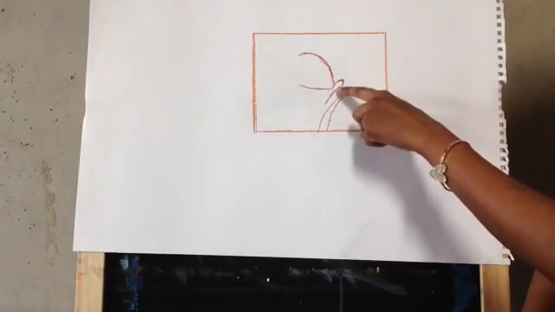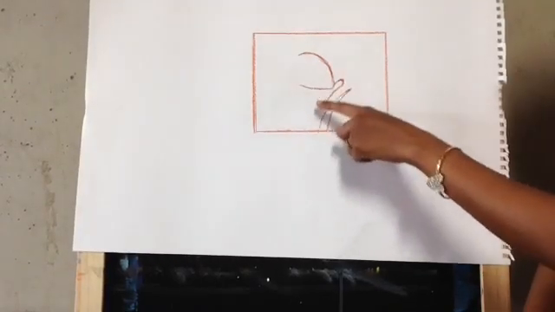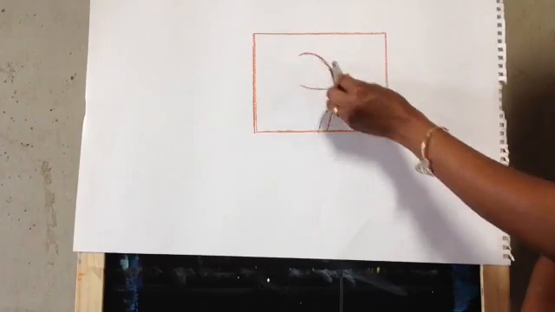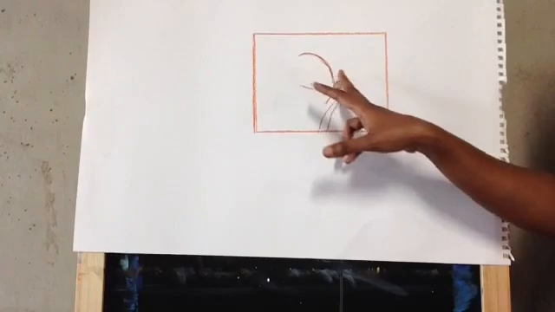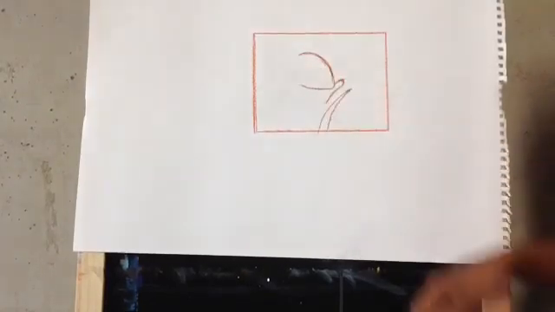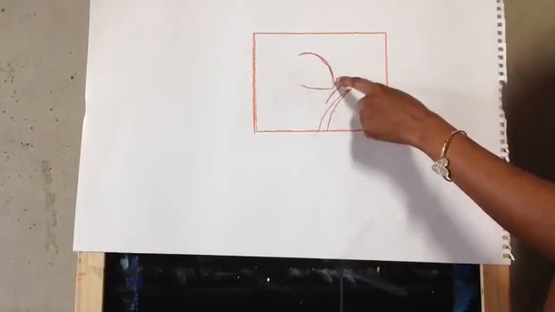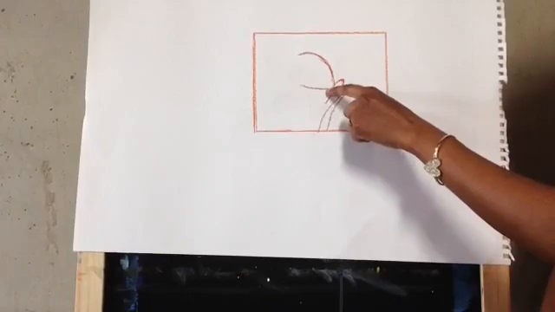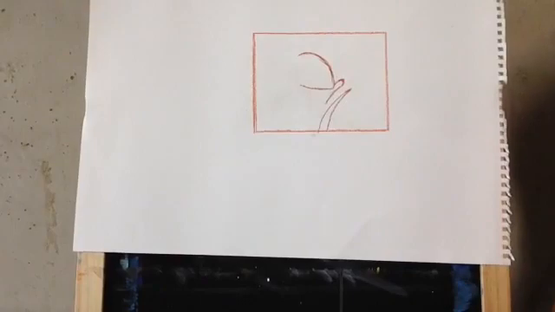So we just have the body here, like a half body, because there's going to be a wing on the other side. We made the first wing, which is going to be a little bigger. The top curve, if you see, it's way above its head. The head is here, it's way above the head, and it's curved a lot. From the same spot, we have another tiny shallow curve.